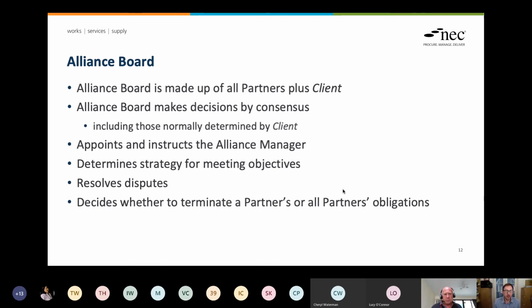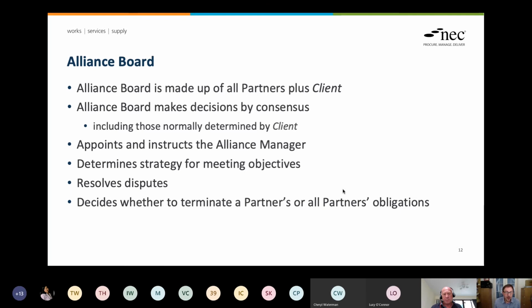And I think, as we touched on before, in terms of who the alliance manager is, it could be someone who is an employee of one of the partners or the client even, or of course it could be someone who is independent of any of those.